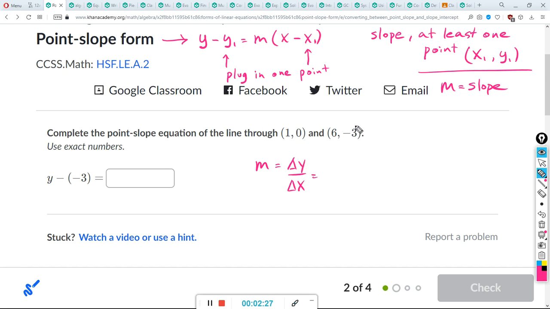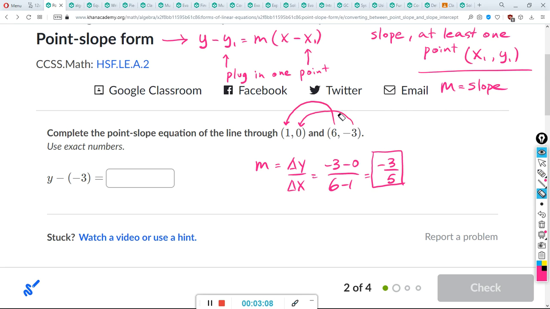So for change in y, I'm going to do -3 minus 0. And for change in x, you have to subtract in the same direction, so I'm going to do 6 minus 1. -3 minus 0 is just -3, and 6 minus 1 is +5. So that's our slope, -3 over 5.